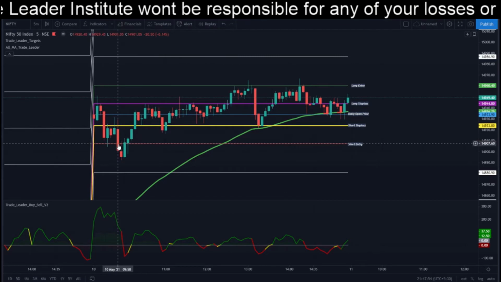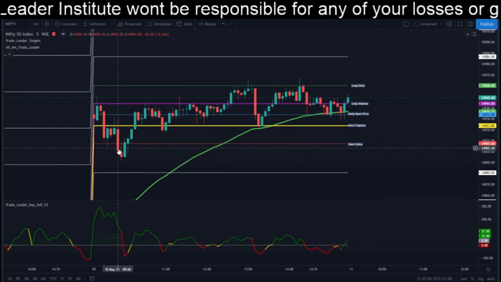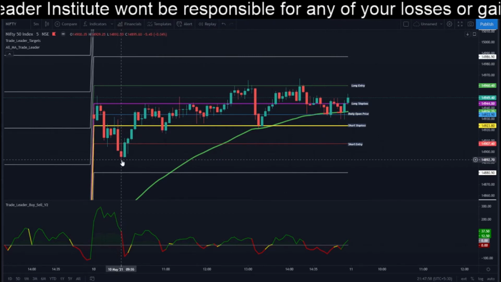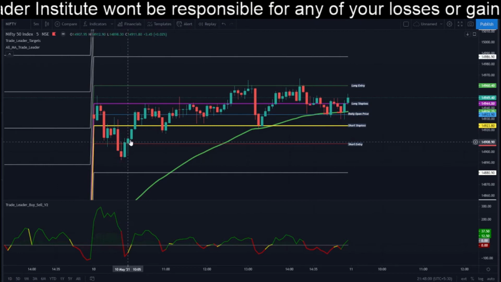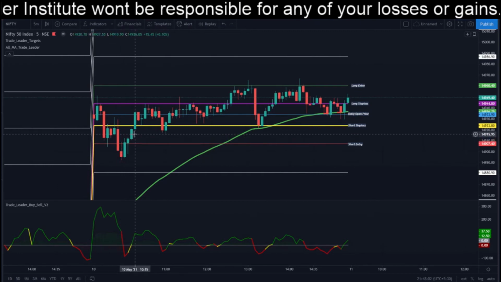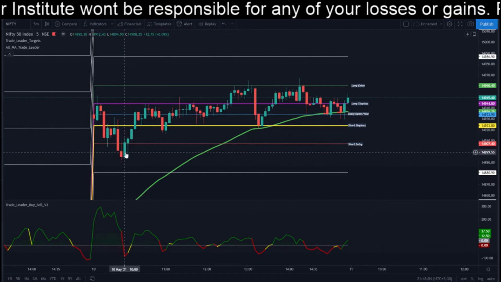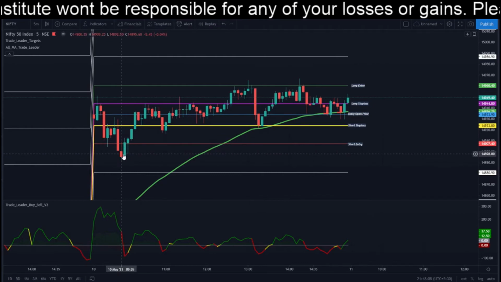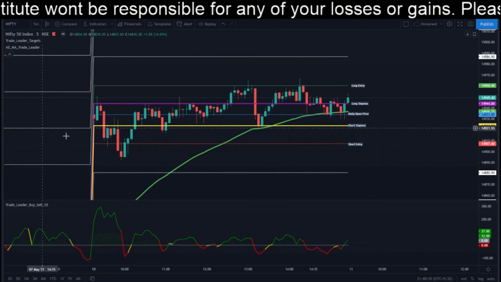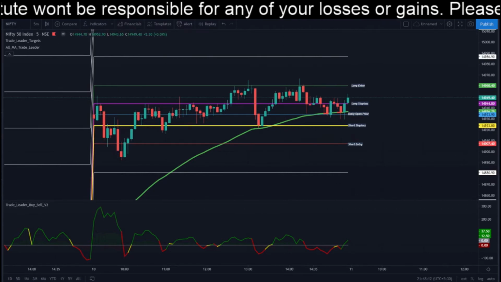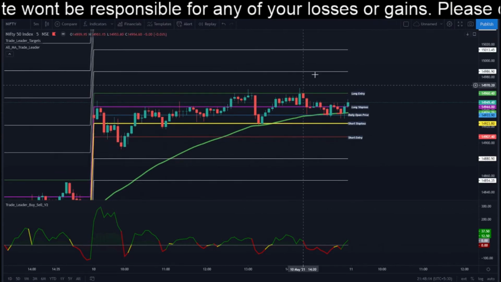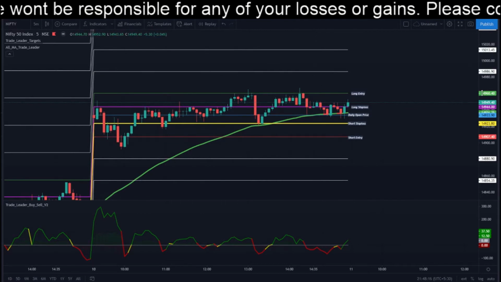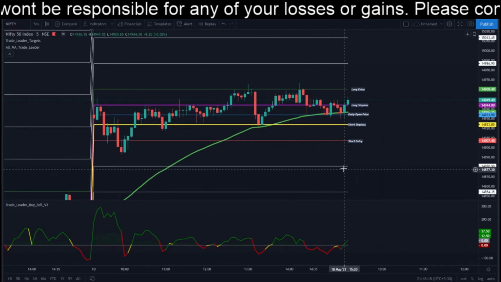If you chase this candle, you will be in trouble, because it will reverse immediately. So always better to take the reversal trade. And these are the targets in the long direction, and these are the targets in the short direction.